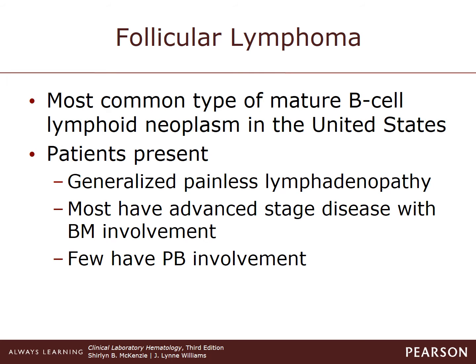At those advanced stages, you can start to see bone marrow involvement, but very little peripheral blood involvement. Now with phenotyping, you're going to confirm this with CD10, and a lot of the time you can see a chromosome translocation t(14;18) involving BCL2 gene overexpression.